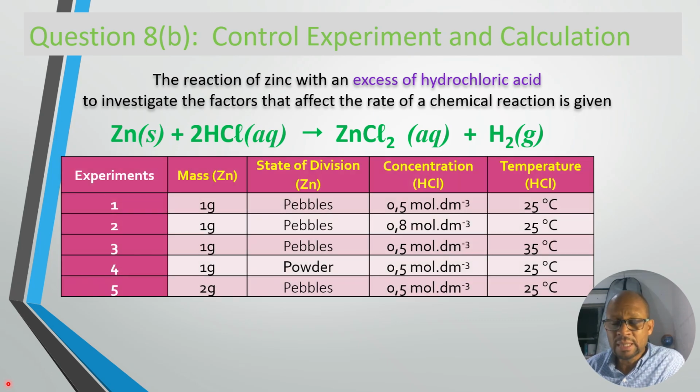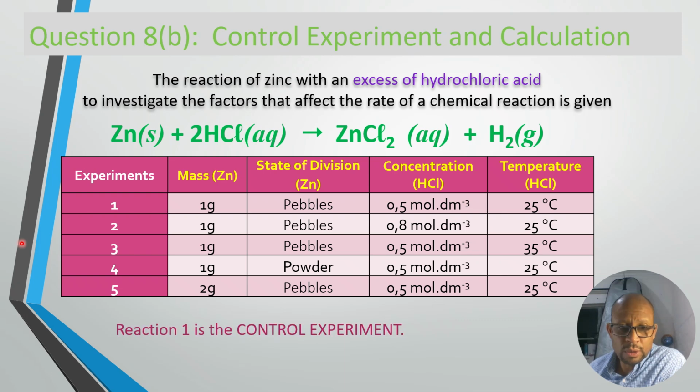There were several experiments done in this particular investigation, and we need to get a sense of the information that is given to us in this table. We're going to look at the table from the top to the bottom.